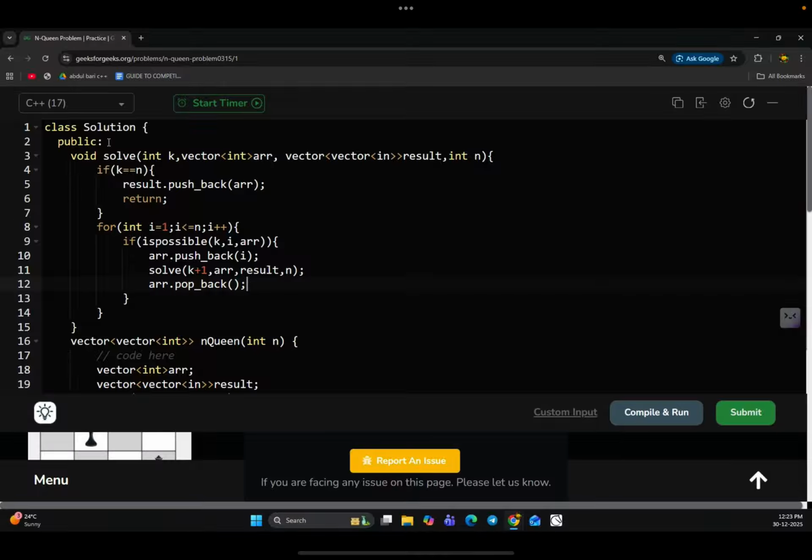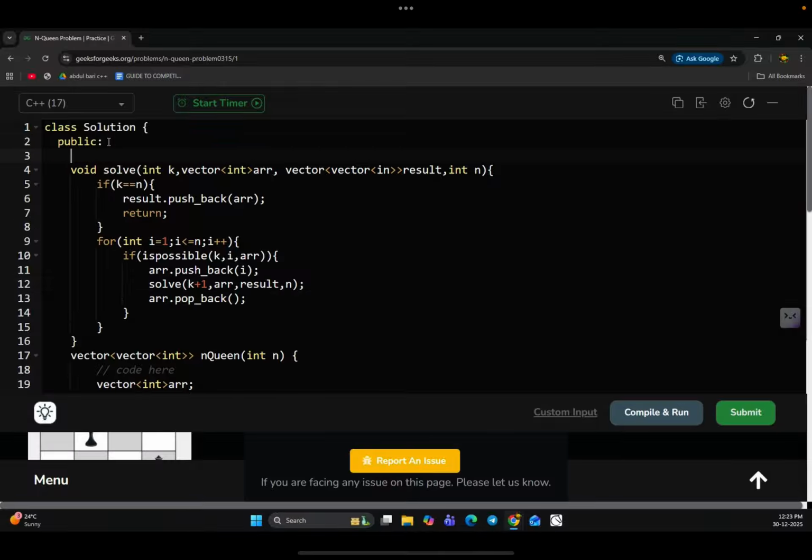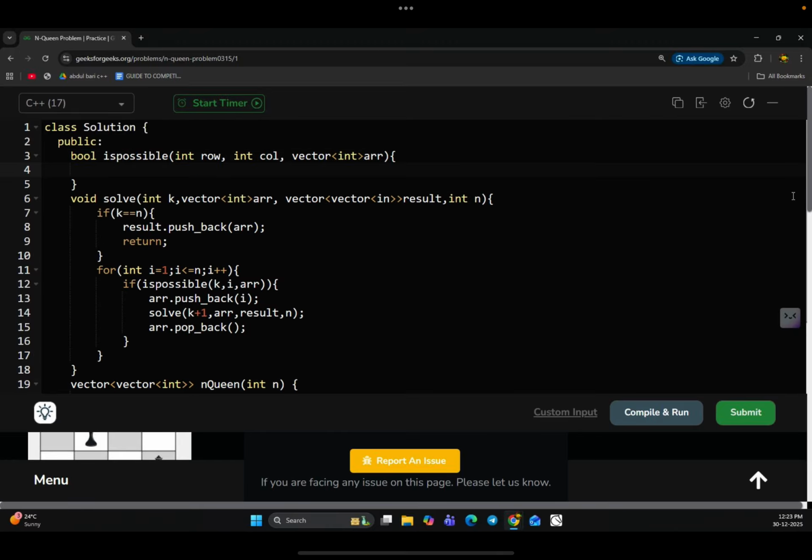And let's write the is possible function, so it will return true or false. So it is a bool type. Is possible will take an int row, int column, and a vector int array. So we have to check it for all the queens now.